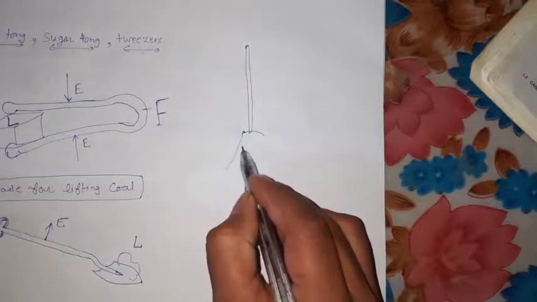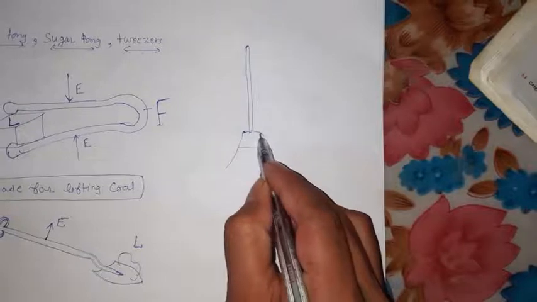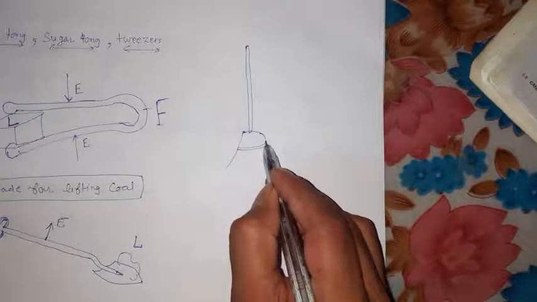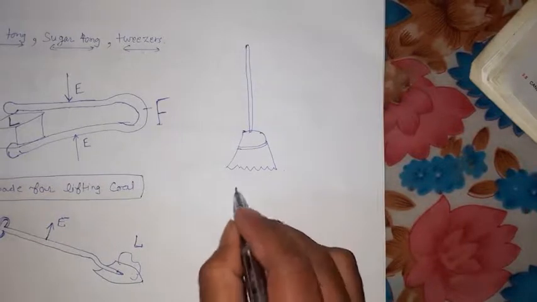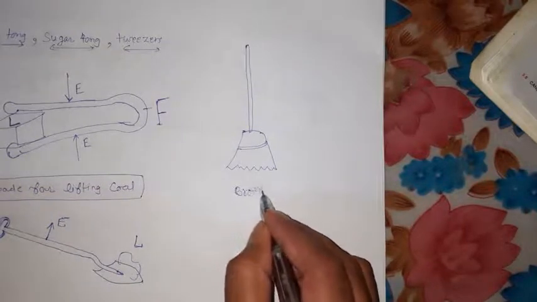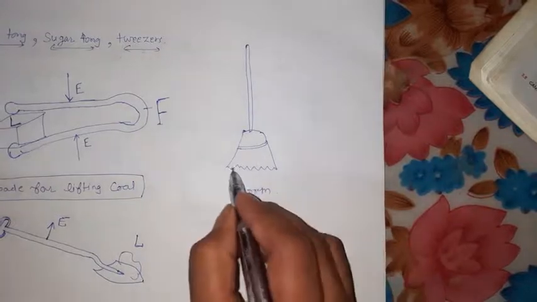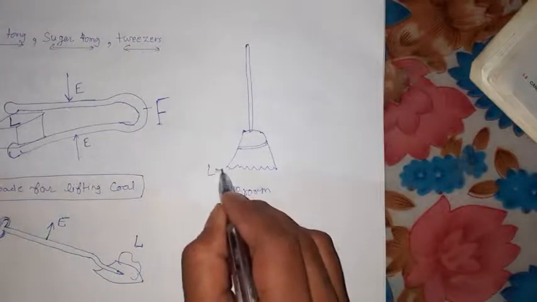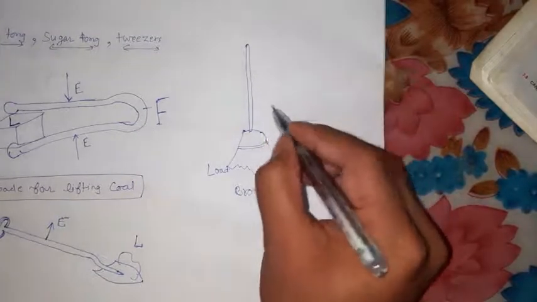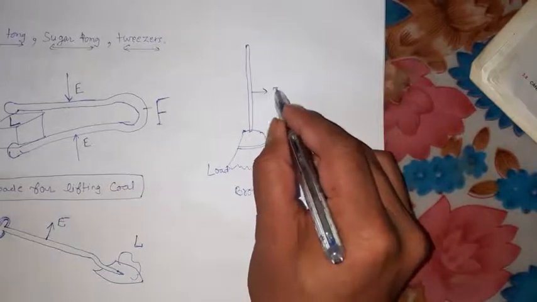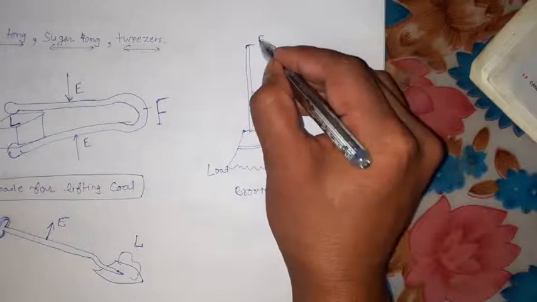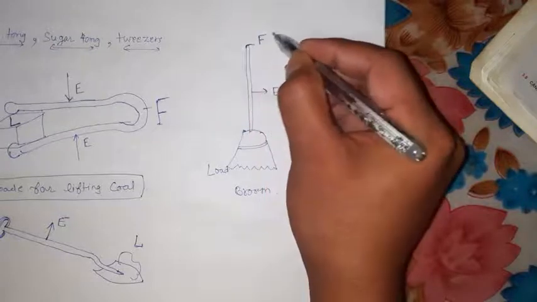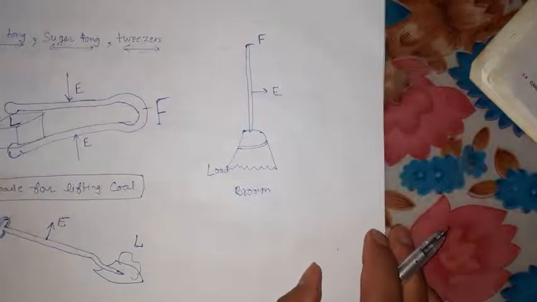So there you will find with the help of this diagram that this broom is also an example of a third class lever. So here the load will be adjusted, and the effort to clean you will apply here, and the point about which it is going to rotate is over here. So fulcrum is at this point. Okay, so this we are having.